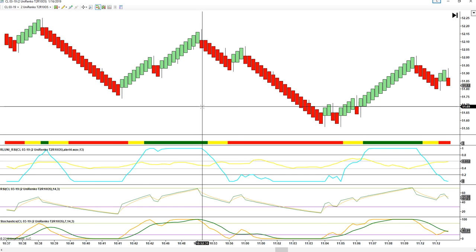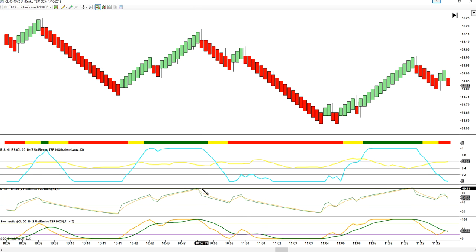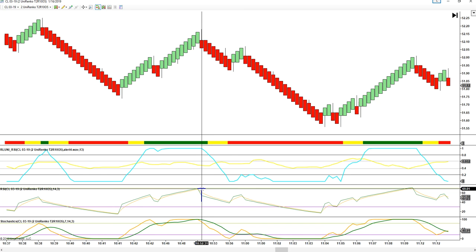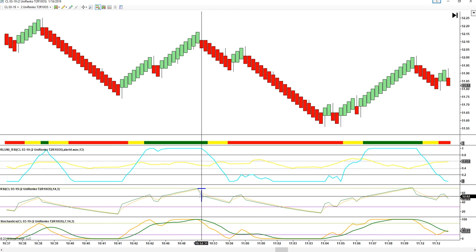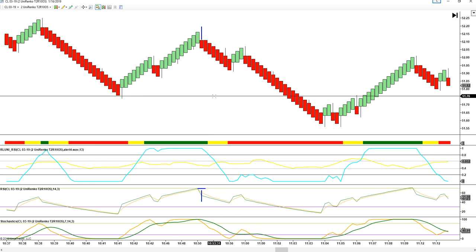Now, RSI actually gets you into this trade. It just touches 80. And you get a cross. I'm sorry, yeah, you get a cross right here. You get a perfect entry signal right here.